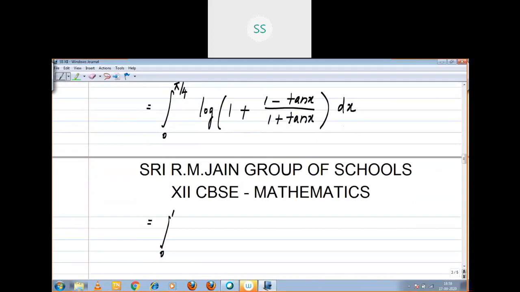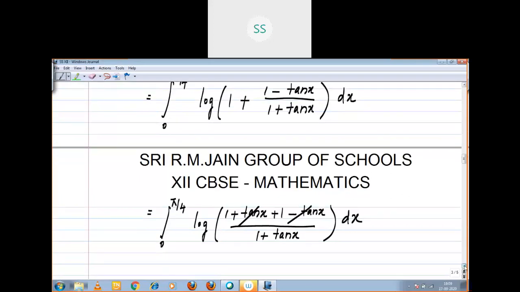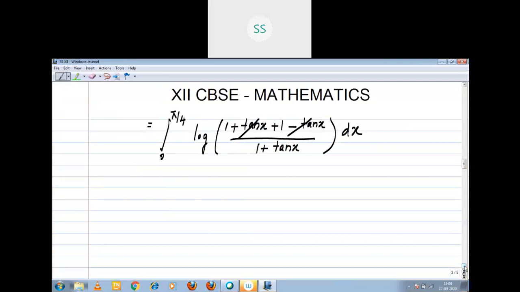Now you see, which is equal to integral 0 to pi by 4 log of 1 plus 1 minus tan x divided by 1 plus tan x. Now I'm going to take the LCM, right? Tan pi by 4 I replaced by 1; 1 into tan x as tan x.